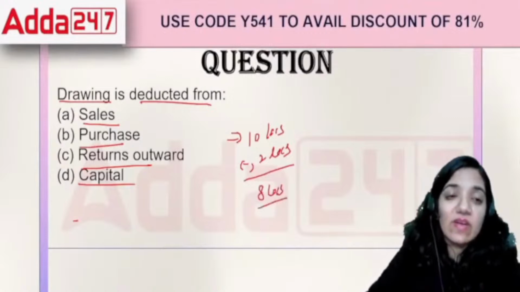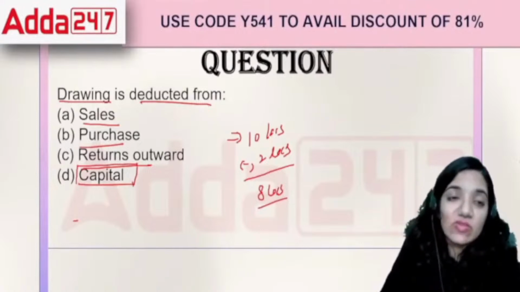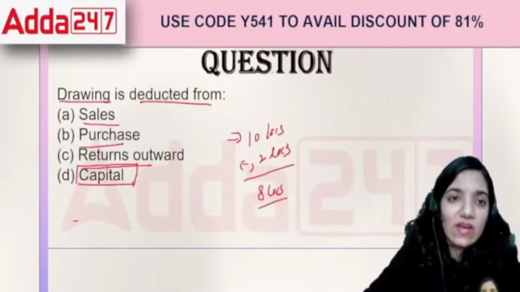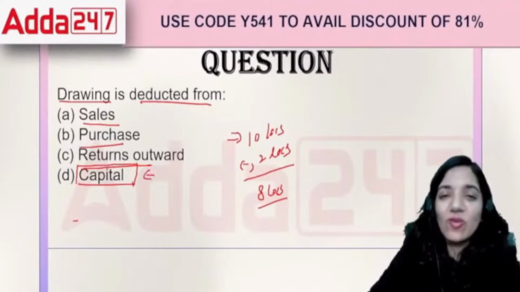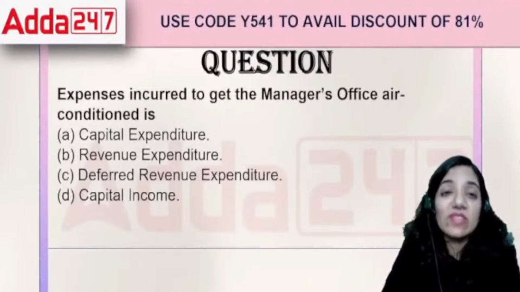That simply means if I withdraw some money, then it is reducing my capital, isn't it? The money which I have invested in the business. So the answer is drawings is deducted from capital. Just a mistake there in my earlier statement. Now comes the next question.